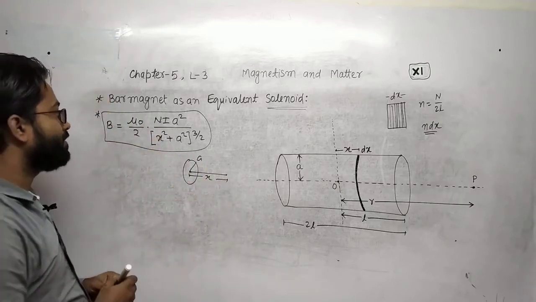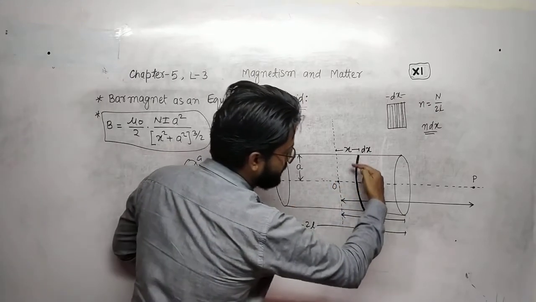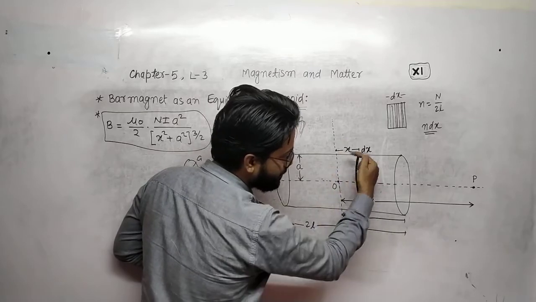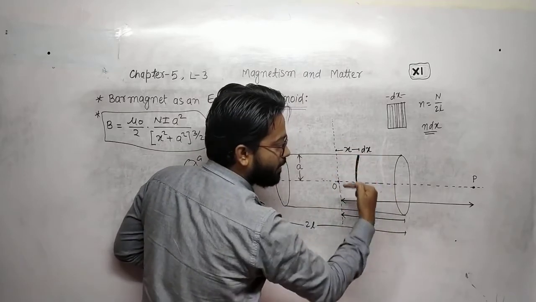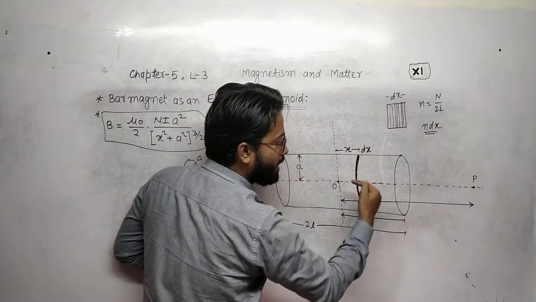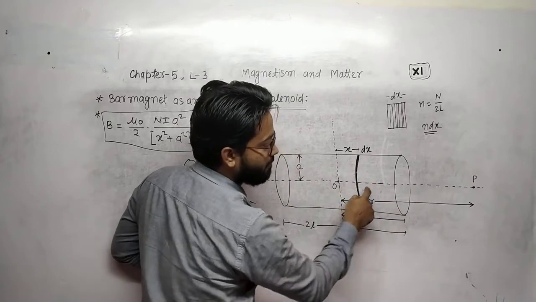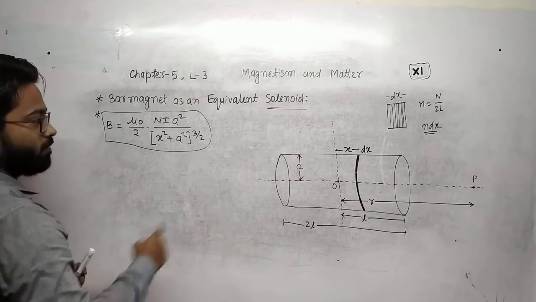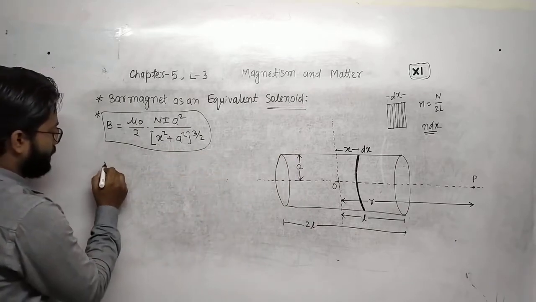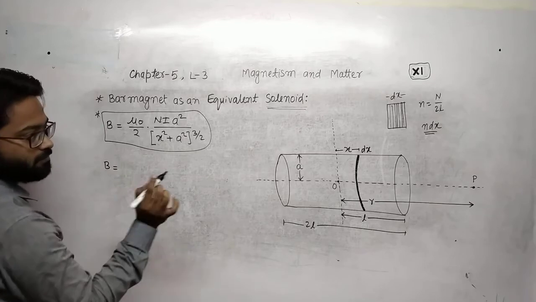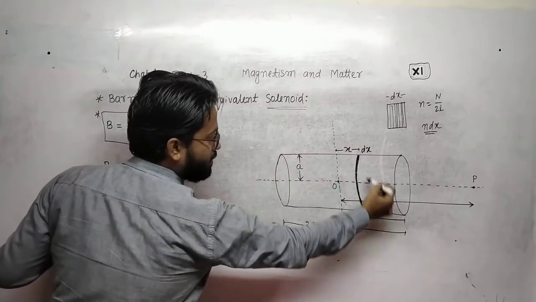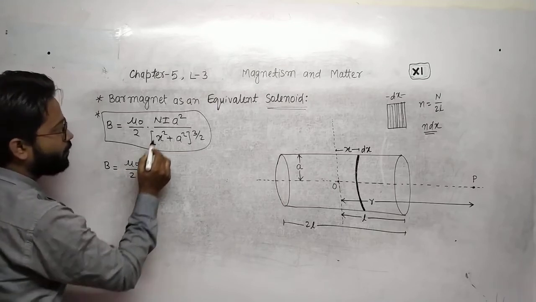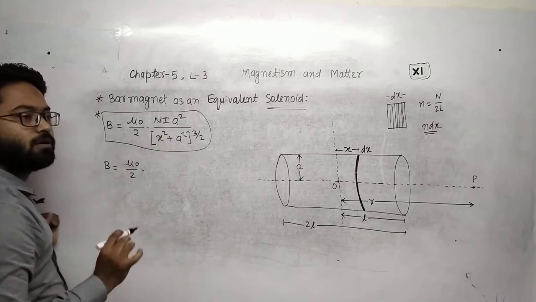Similarly, we will use this strip as a coil. Only one strip, dx thickness, is a coil, and this coil will produce a magnetic field on the axis. Let us write the formula for this particular dx length. Mu naught upon 2 Ni, where Ni is the total current.